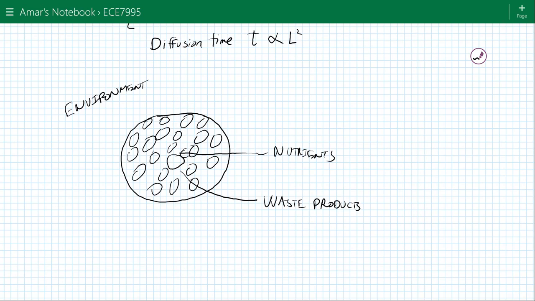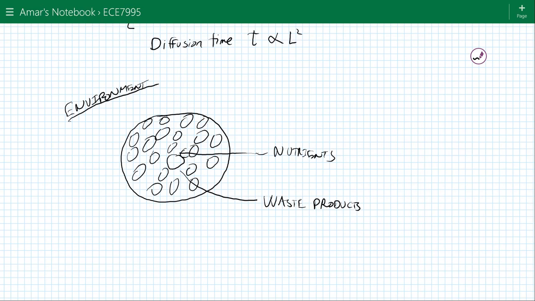We just looked at this argument about diffusion time. What's going to happen to the diffusion time as this multicellular organism gets larger and larger? The diffusion time is going to go up as a function of L squared.